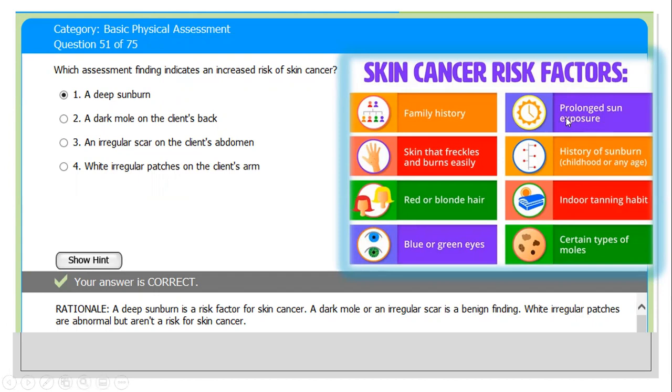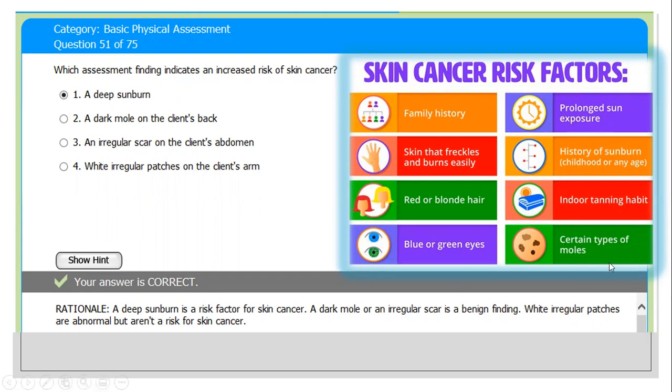So ultraviolet light exposure, including sunlight or tanning, with the risk growing with the amount of exposure.